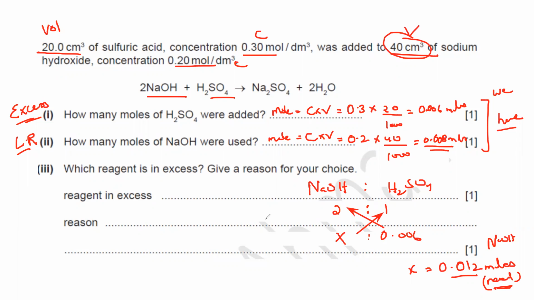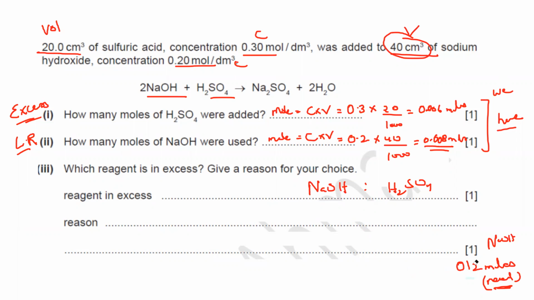When you are writing, you can show your working. In the explanation part, you can show your working and you will score the marks. For reasoning, you can write in words. Like here, if I write: excess means we have more than enough.